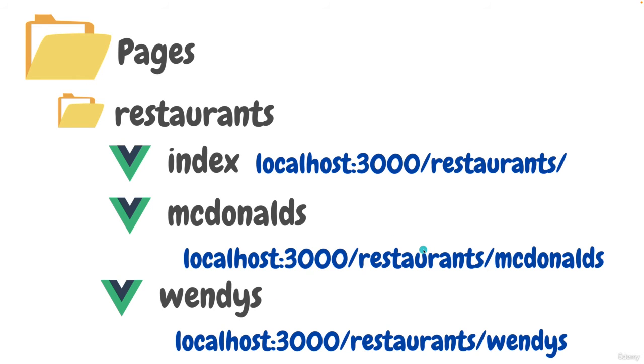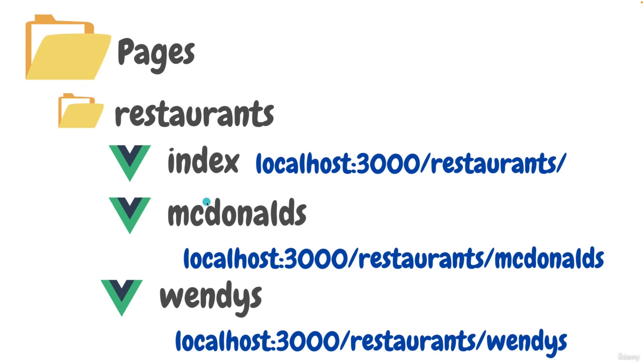The only thing that's different is the data that we present, but the structure is exactly the same. So what we need is some sort of dynamic file that catches everything after /restaurants, no matter what it is. Whatever is after /restaurants, whether it's McDonald's or Wendy's or Diet Coke, we want to catch that and then render that generic HTML template.